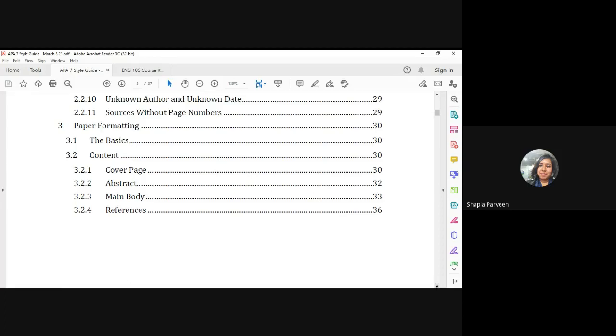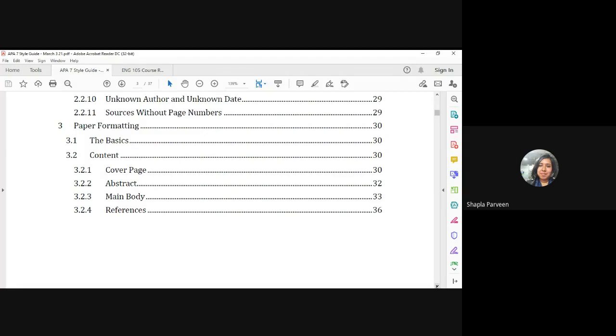And definitely for the source documentation, you must, because if you don't provide the source documentation, that is the in-text citation as well as the reference list, then it will show that you have plagiarized. As I have mentioned before, you will be submitting your paper in Turnitin, which is software that checks for plagiarism. We call it the similarity index. So what is the percentage of similarity of your writing with other existing writings?